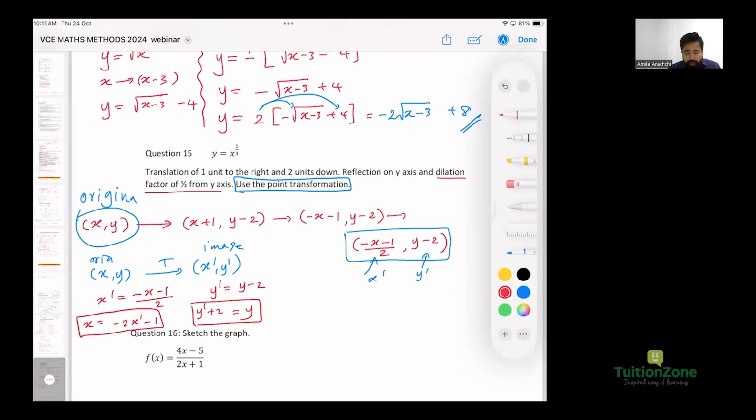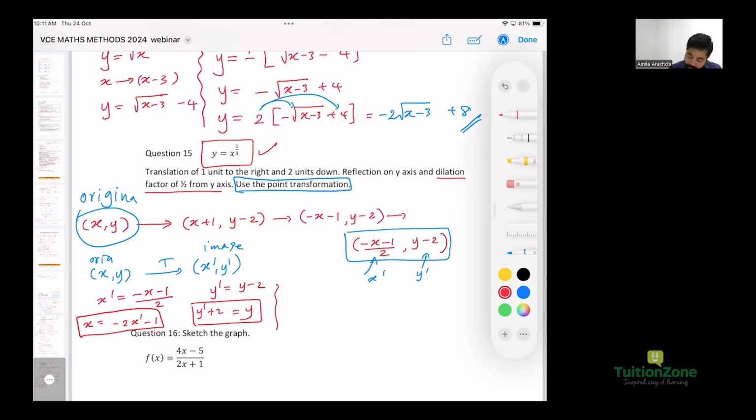So what's the reason we found the x and y? Because the given equation that we didn't even look at is in terms of the x and the y. You can't sub the x dash and the y dash. So we make x and y the subject, and now you can sub them in.